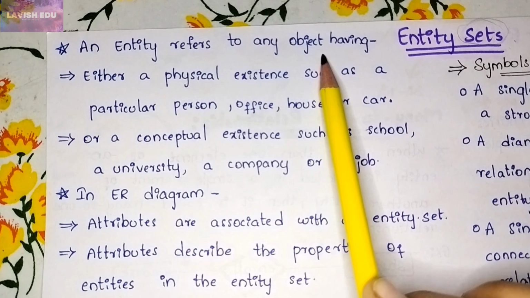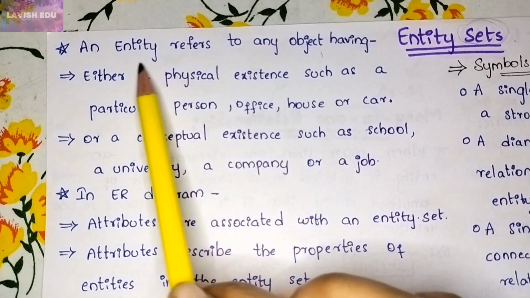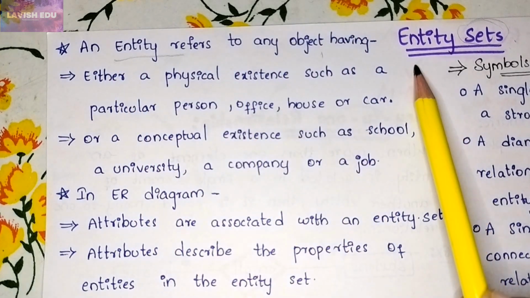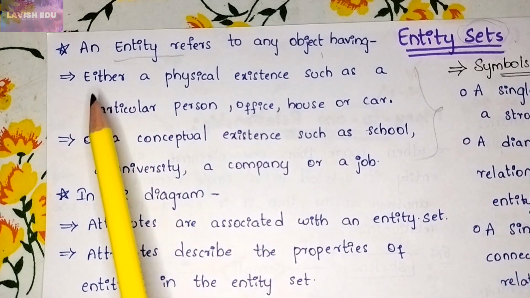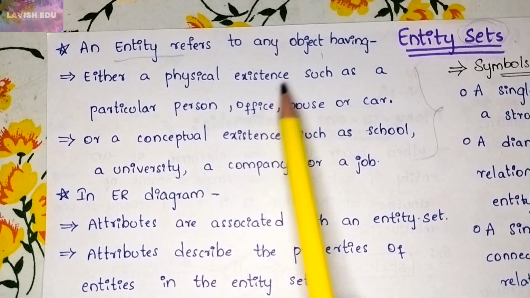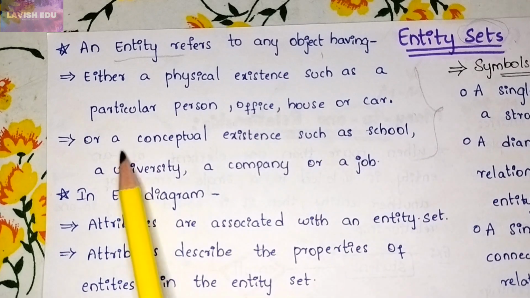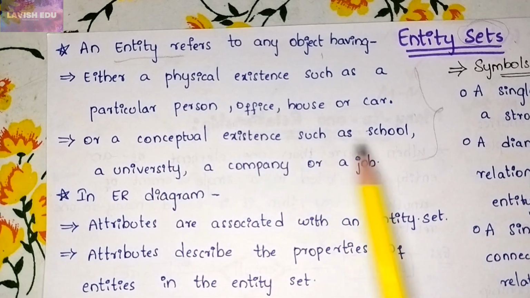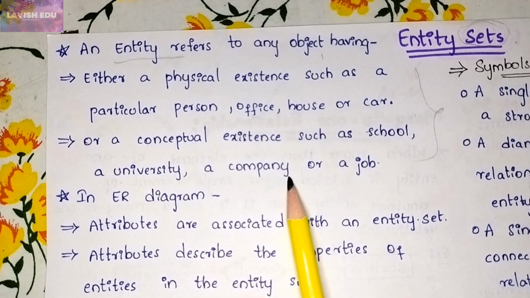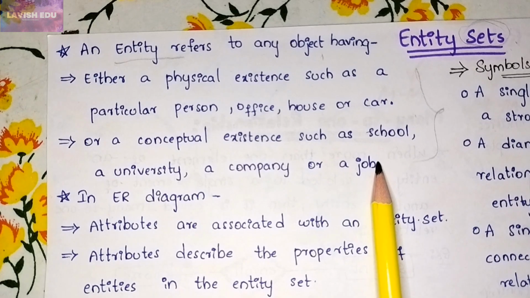An entity refers to any object, and it should have either of two properties. What are they? Either a physical existence, such as a particular person, office, house or car, or a conceptual existence, such as a school, a university, a company, or a job.